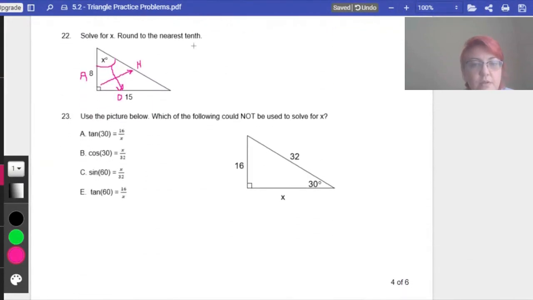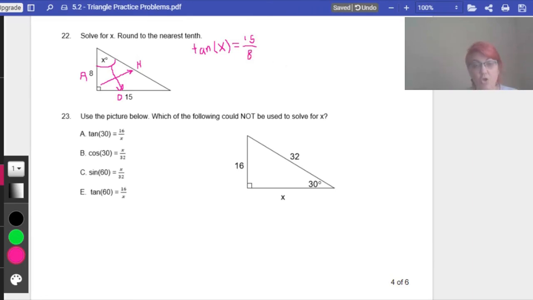So tan theta, which is my x apparently, is equal to O over A, which is 15 over 8.